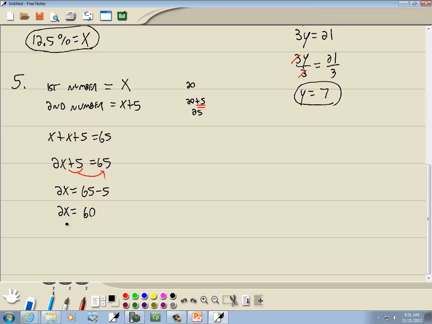Last step, divide both sides by the number in front of your x. So divide both sides by 2. Those 2's cancel. And we get x is equal to 30. Okay, so that means our first number is 30. Remember, these have nothing to do with it. And if this is 5 more, this will be 35.